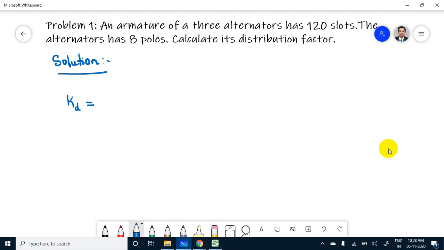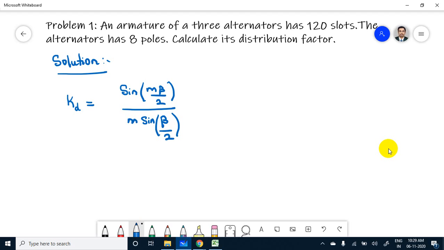Distribution factor formula Kd equal to, Sahana? Anyone? So it is sine m beta by 2 by sine beta by 2. Yeah, sine m into beta by 2. Okay, because in distributed winding the m is multiplied with an angle, inside the sinusoidal term. But in concentrated winding the m will be a constant term we have to take outside. M into sine beta by 2. This is the formula.